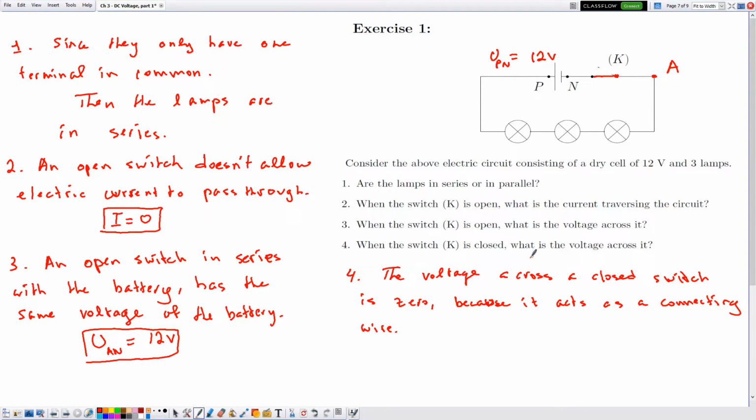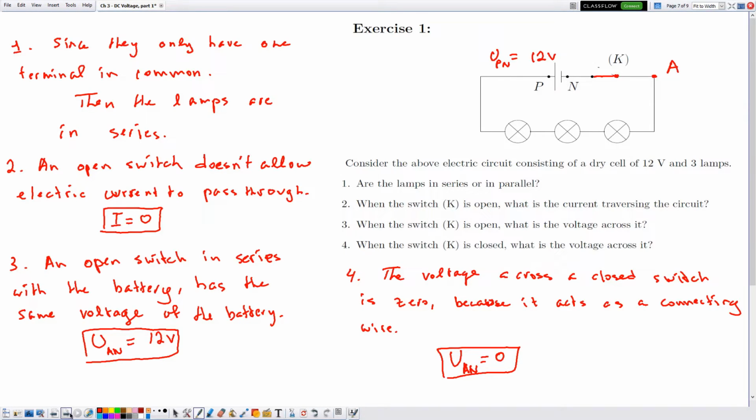They are asking what's the voltage across it, meaning we need to give the value. Then the voltage across the closed switch, denoted by UAN, is equal to 0. Now this is it for exercise number 1.